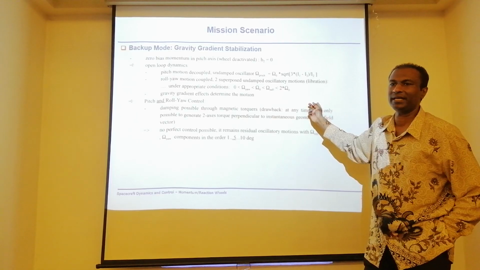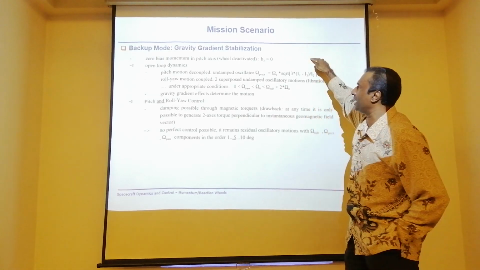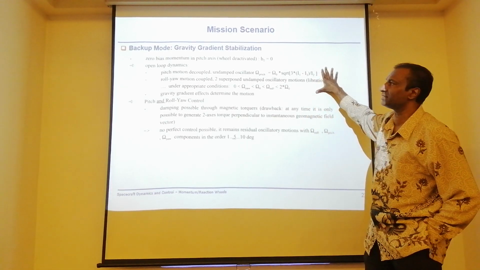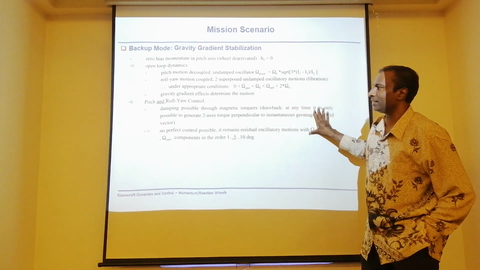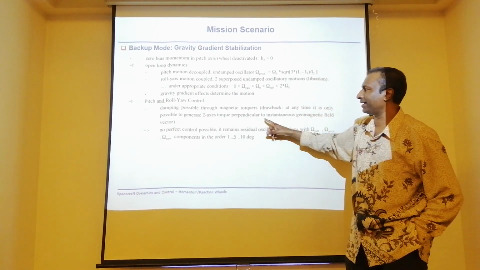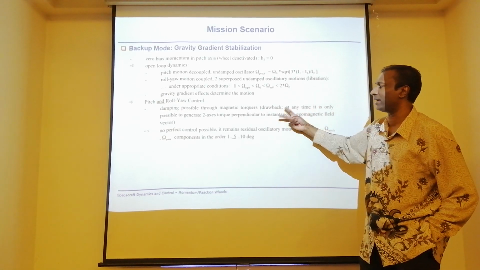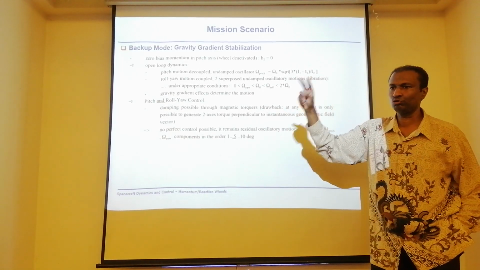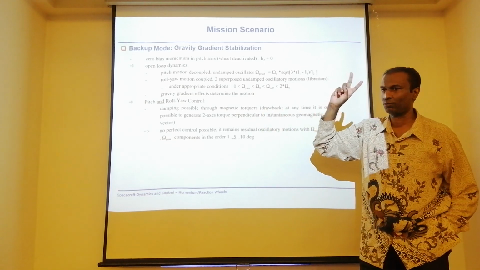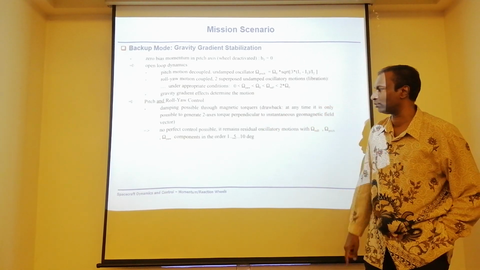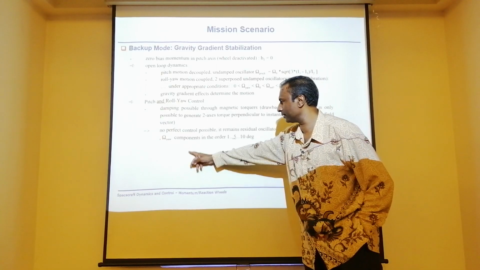We have covered this in chapter 4. Again, go back to gravity gradient stabilization. Damping is possible through magnetic torques, but the problem is that again you can have only two axes at one time.